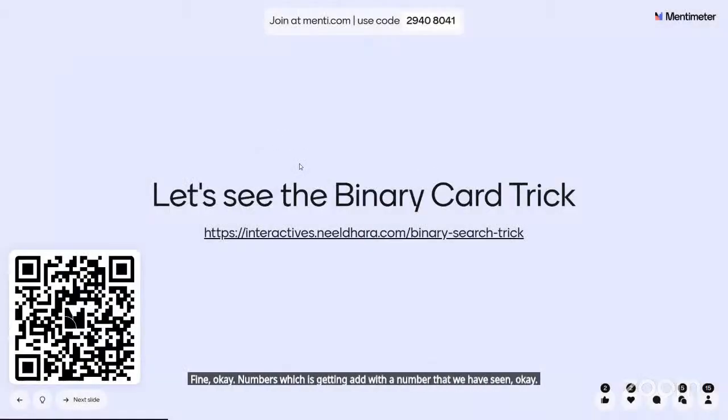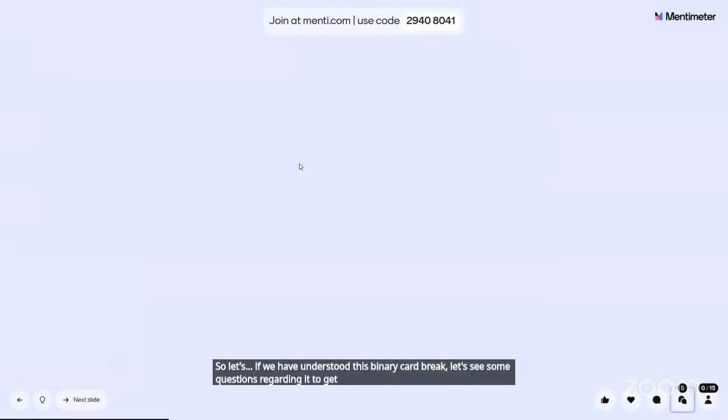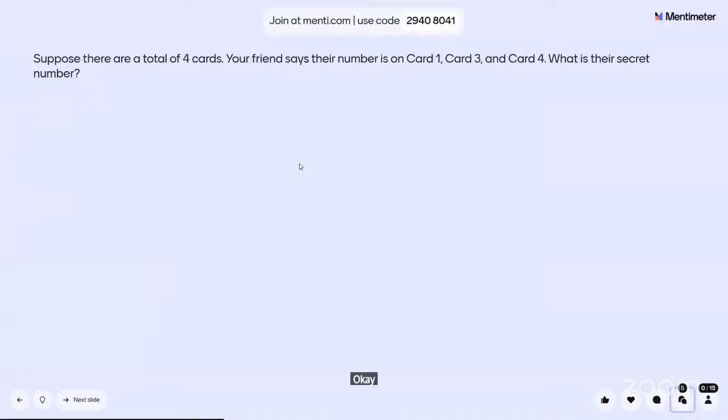Okay. So if we have understood this binary card trick, let's see some questions regarding it to get the gist of it. Suppose there are a total of 4 cards you have, and your friend is saying that their number is on card 1, card 3, and card 4.